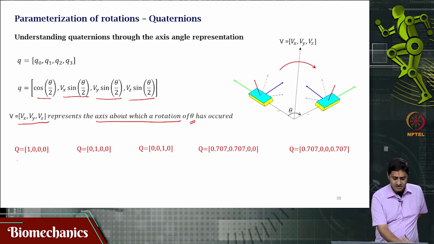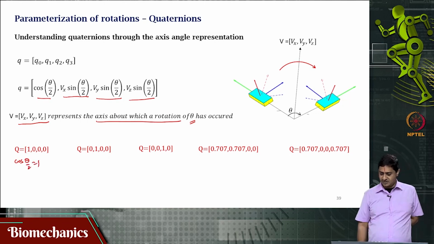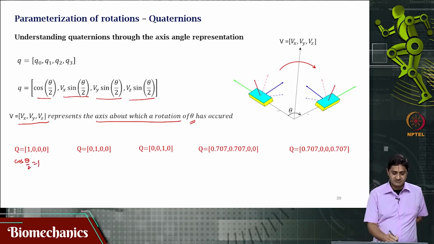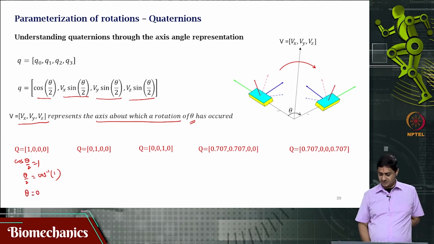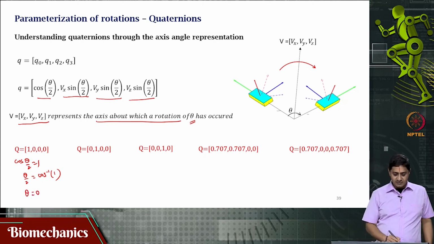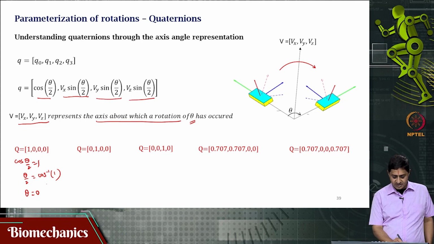What it says is cos theta by 2 is equal to 1. What does that say about theta? Well, that says that theta by 2 is cos inverse of 1, is it not? This is true only when theta is 0. What about V1, V2, V3? Well, V1 is 0, V2 is 0, V3 is 0.